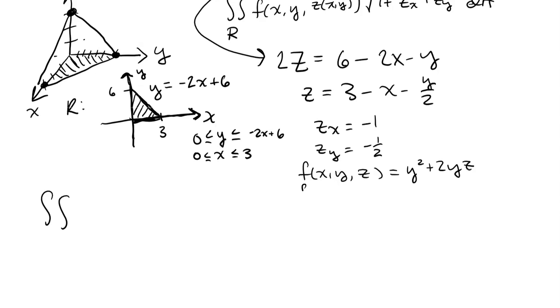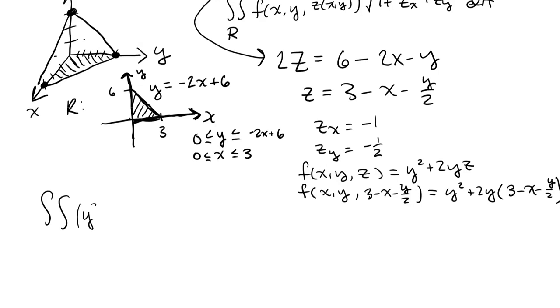So if we plug in f of x, y, and z here is 3 minus x minus y over 2, we're going to end up with y squared plus 2y times that quantity for z, so 3 minus x minus y over 2. What we're really doing is looking at the function only in regards to this particular surface. So that function is going to be in here.